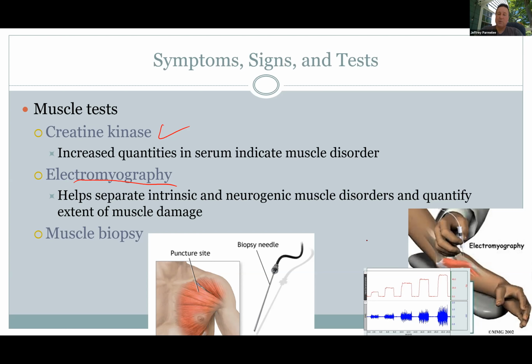It gives you clues about how the muscle reacts to electricity, whether it's neurogenic or myogenic. And a biopsy: they put a needle into a muscle, stain it, and look under a microscope, and they can tell if you have a muscular dystrophy or if there's a whole bunch of neutrophils in there. So biopsy is good.